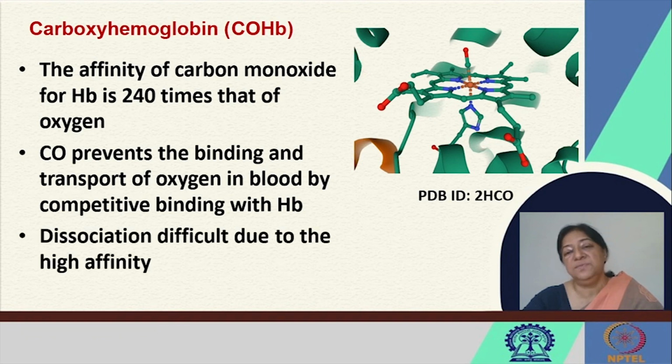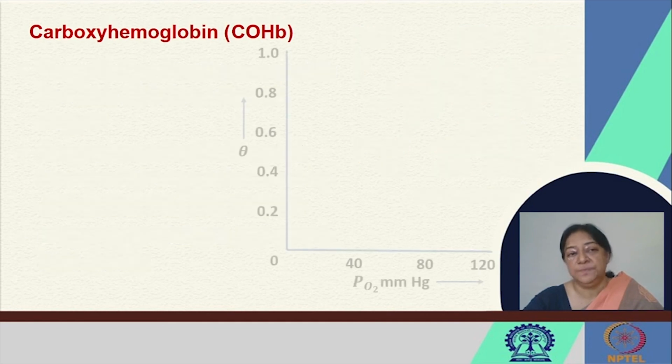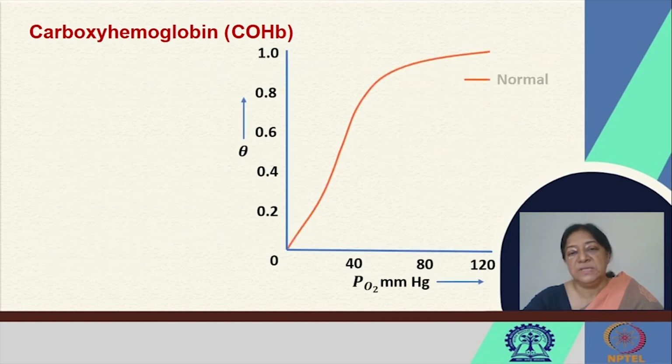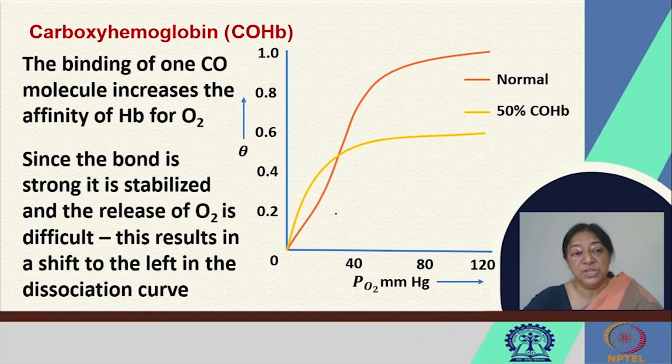And because of this high affinity, dissociation of CO from hemoglobin is very difficult. So what happens in this case is there is a normal transport protein profile, as we can see in the graph here, and there is one that has 50% carbon monoxide hemoglobin.